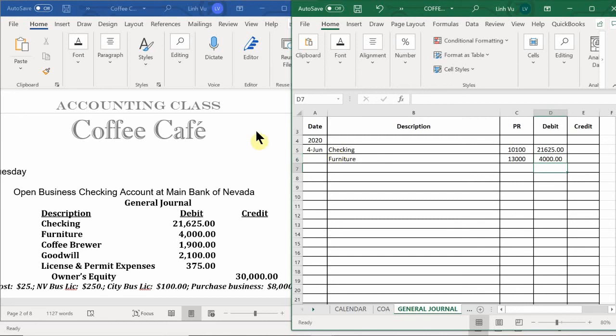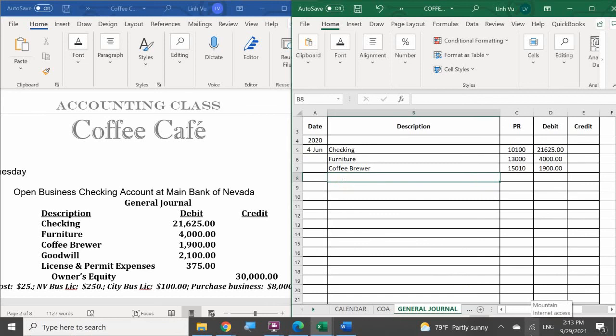And we have the coffee brewer, for $1,900. And then I have Goodwill.